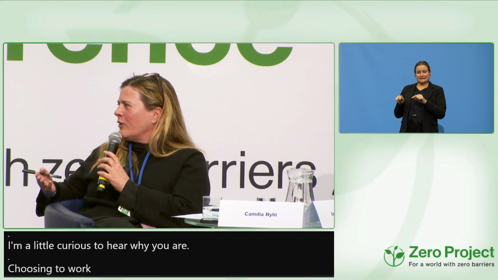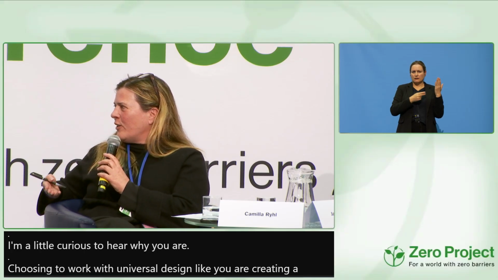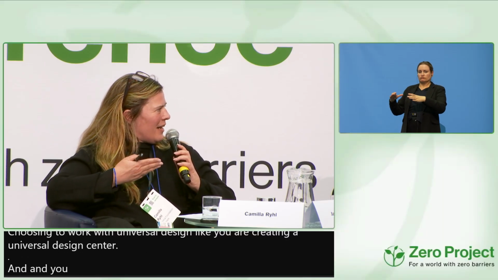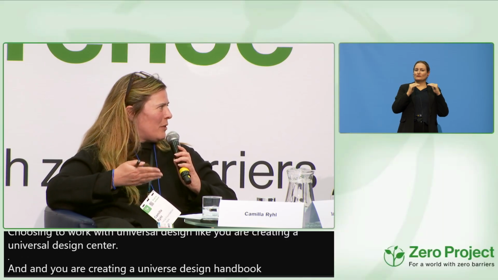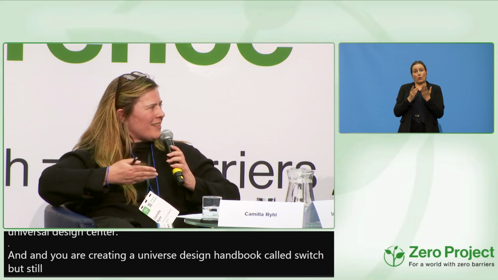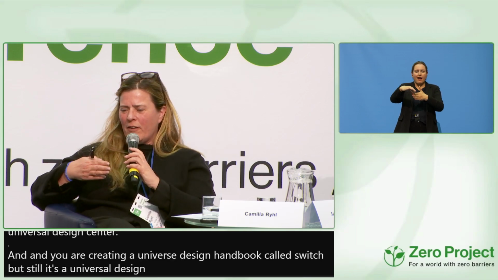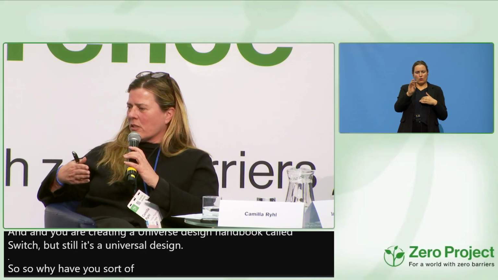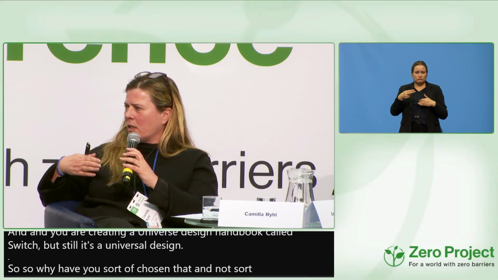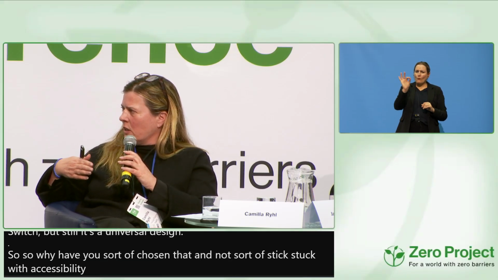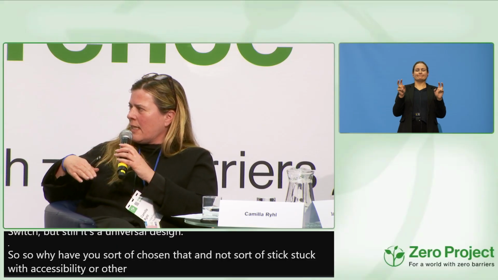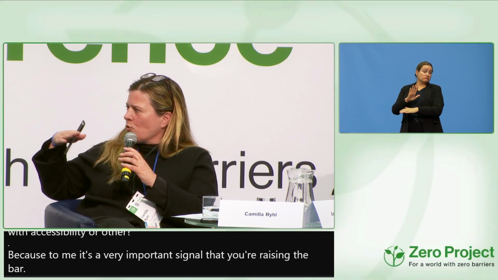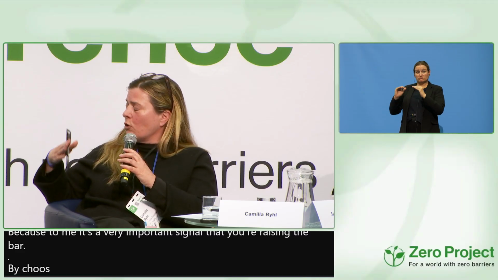You are creating a universal design center, and you are creating a universal design handbook called Switch, but still it's universal design. Why have you chosen that and not stuck with accessibility or other? Because to me, it's a very important signal that you're raising the bar by choosing to go with universal design.